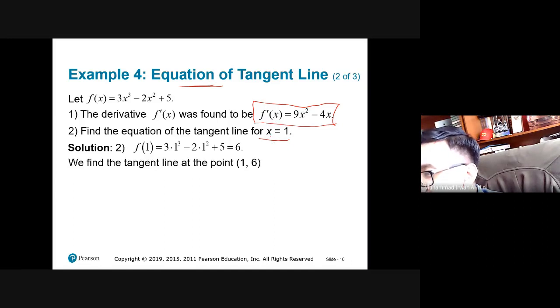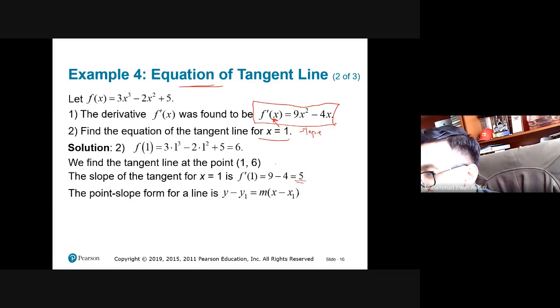So for x equals 1, we know 1 point. The tangent line would pass through the point (1, 6), but we want to know the slope. So how do we find the slope? We simply substitute x here in order to get the slope. When we plug in 1, 9 times 1 squared is 9, 9 minus 4 gives us 5. So 5 is the slope.